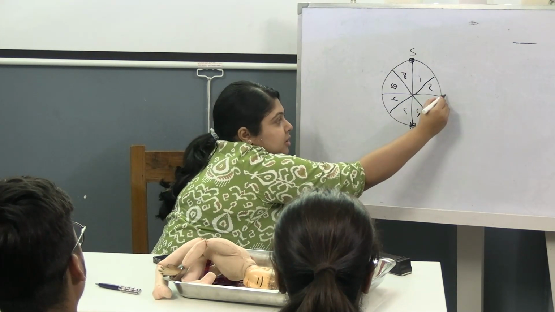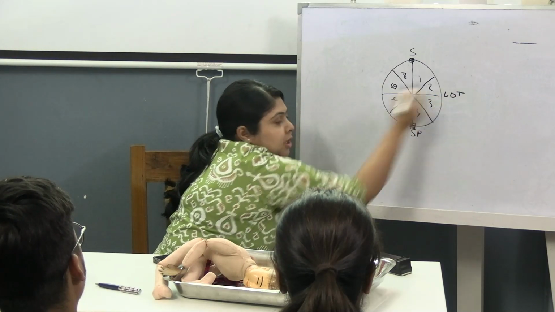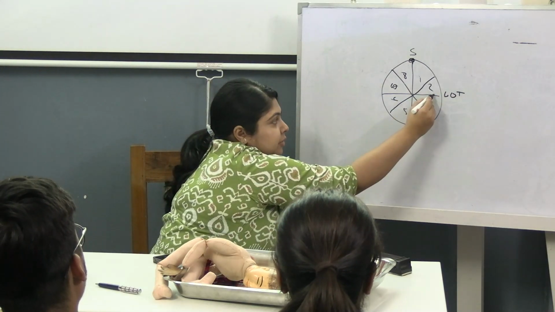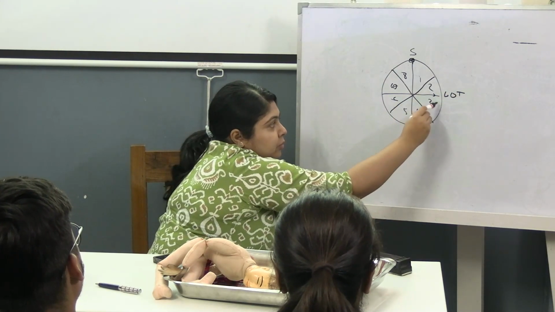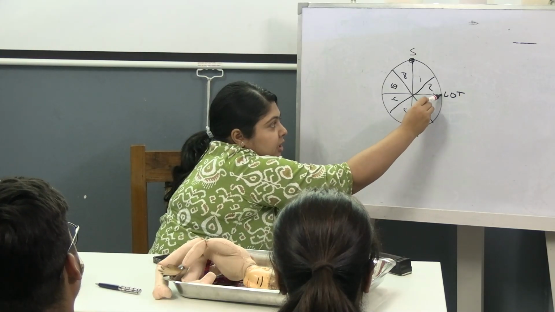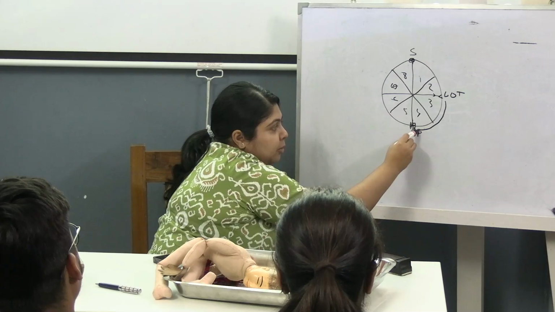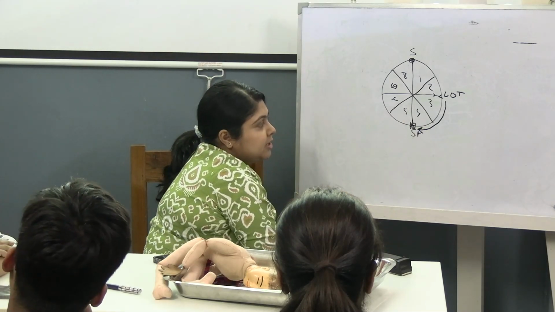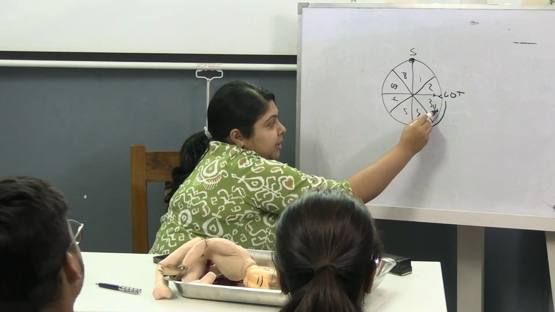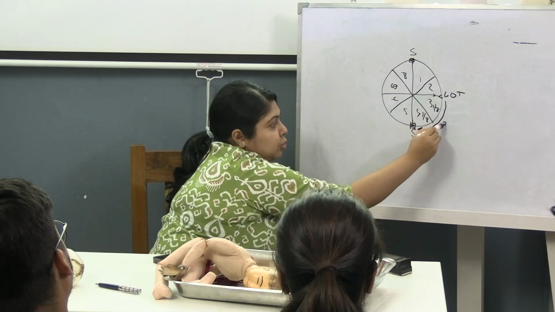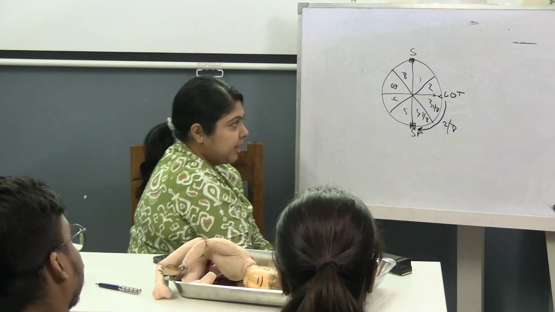Now the head of the fetus was in left occiput transverse position. This is the head of the fetus, right? Now what happens at the level of the ischial spine? The head is rotating by how much to come behind the symphysis pubis? 1/8 and 1/8. So a total of 2/8 of a circle the head is rotating.